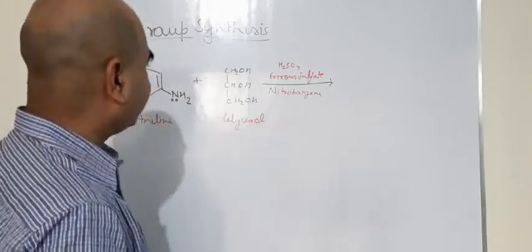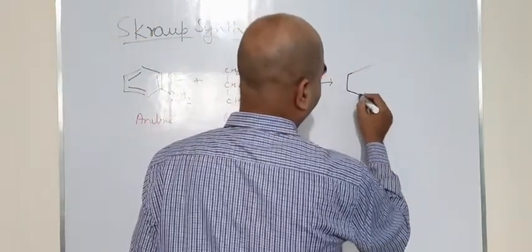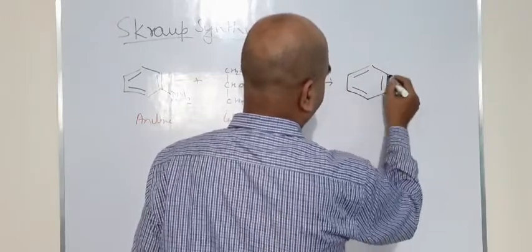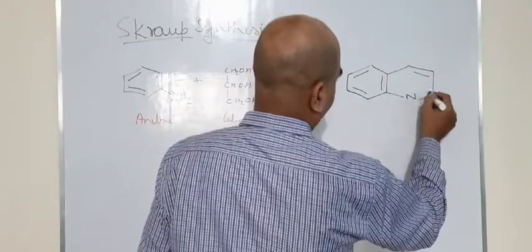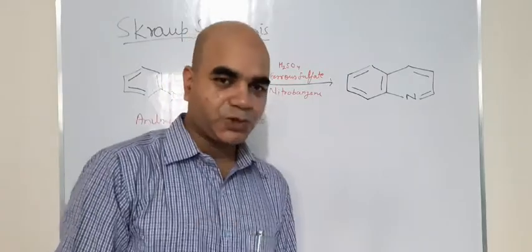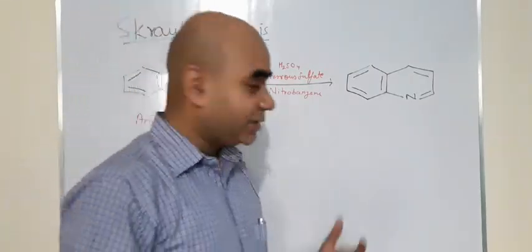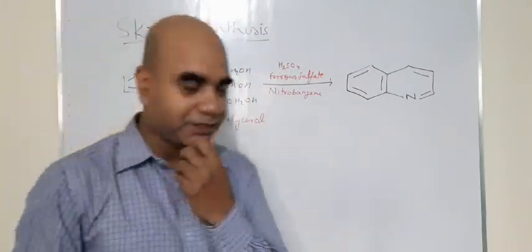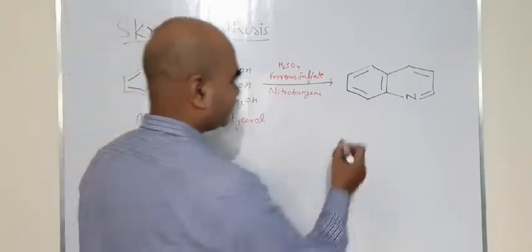The product will be the quinoline heterocycle, not isoquinoline. Actually, nitrobenzene is used for oxidation in the last step, where there is a step of dehydrogenation. I will show it in the mechanism. So this is the reaction. You can write it.